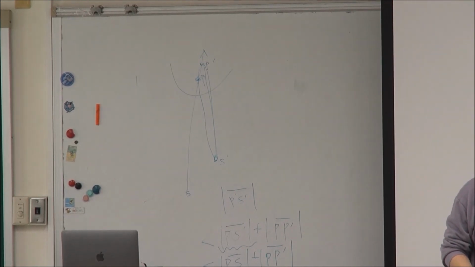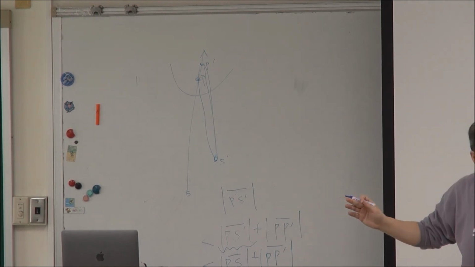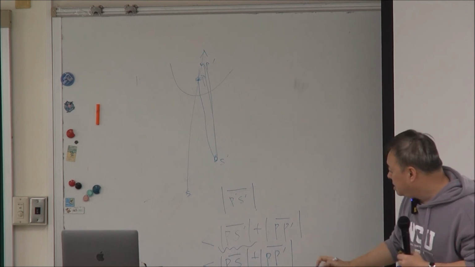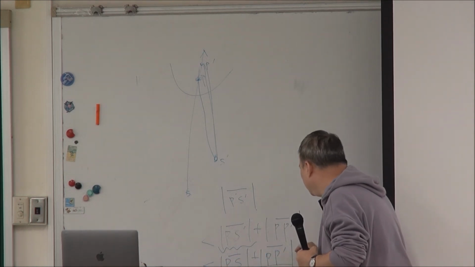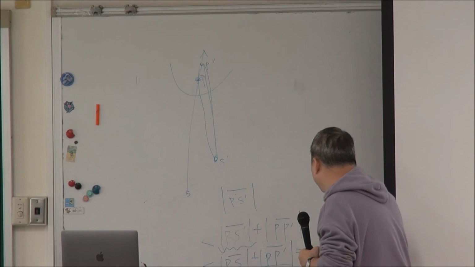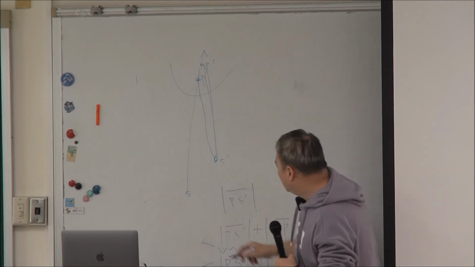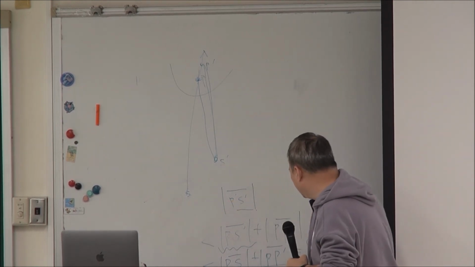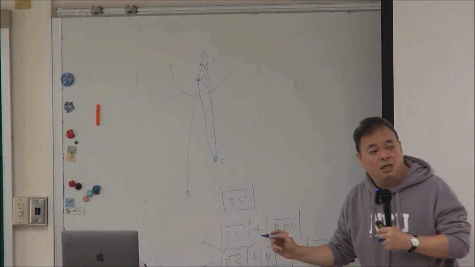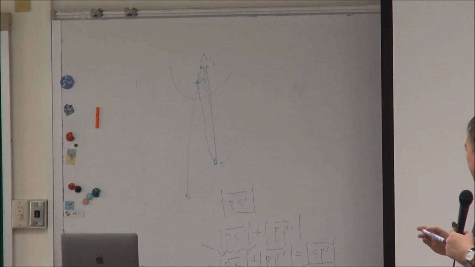Otherwise, P wouldn't be in the cell of the furthest point Voronoi diagram cell of the side S, right? But these two add up to be SP prime, right? So P prime S prime is going to be smaller than P prime S, the distance, right? So this is the way to prove it.